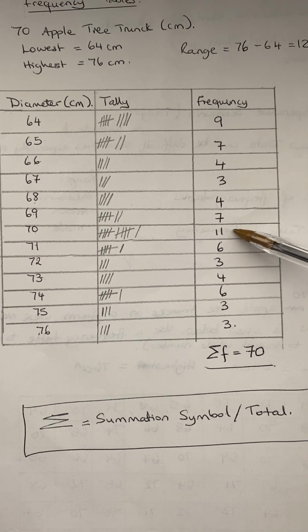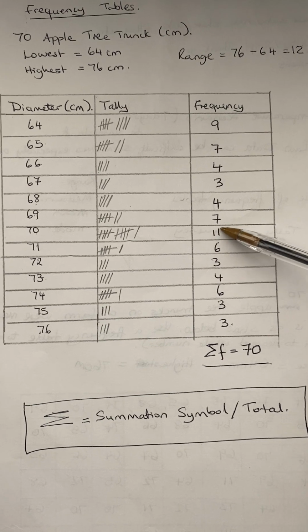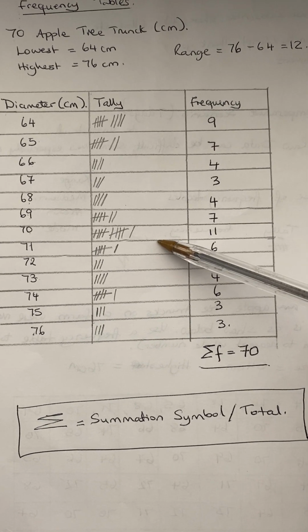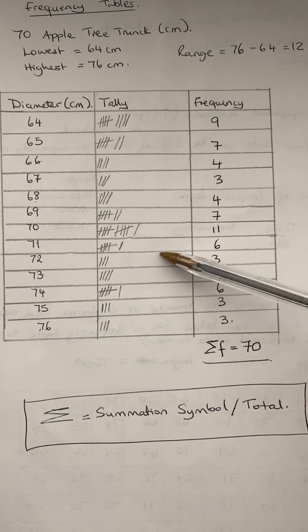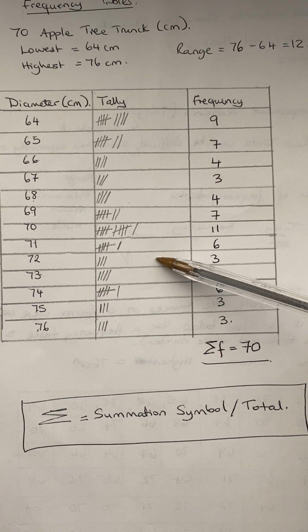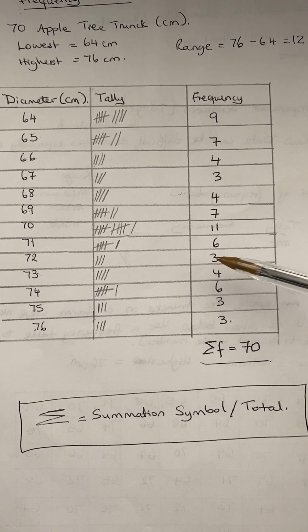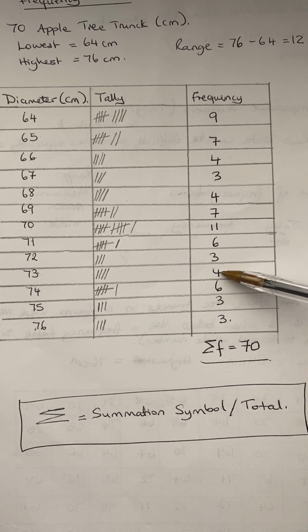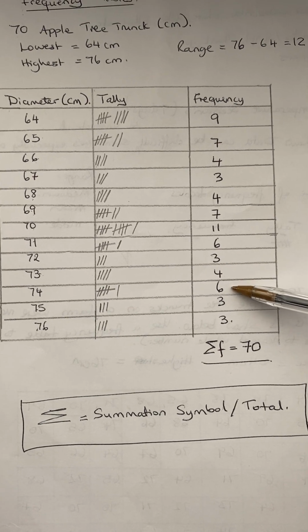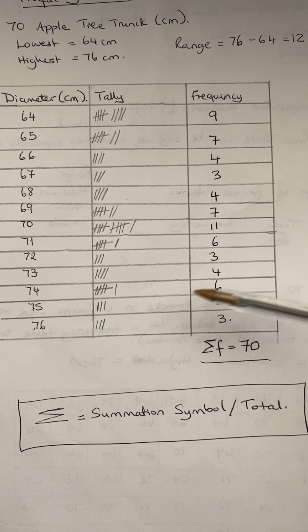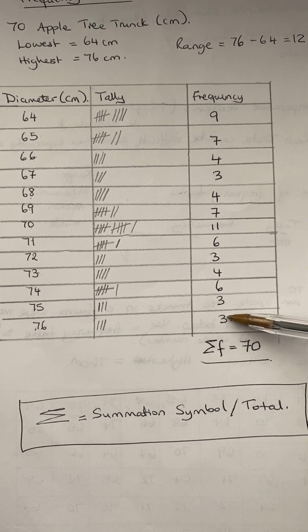So straight away this will be our modal trunk, because this occurs the most. 71 6 times, 72 3 times, 73 4 times, 74 6 times, 75 3 times, and then 76 3 times.